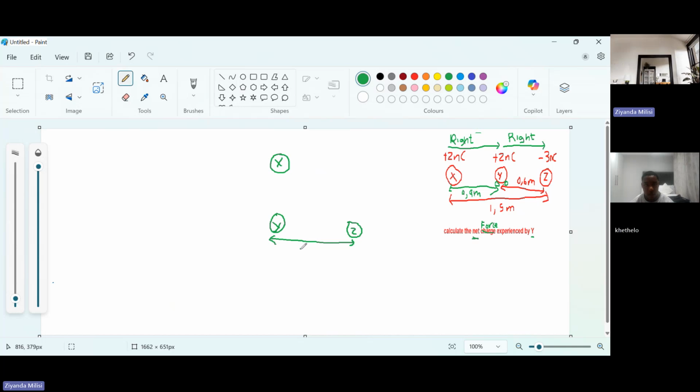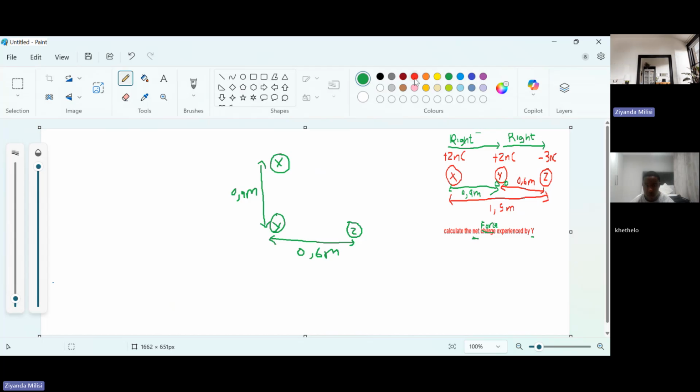The same distance, 0.6 meters. Also here, it is 0.9 meters. Okay.